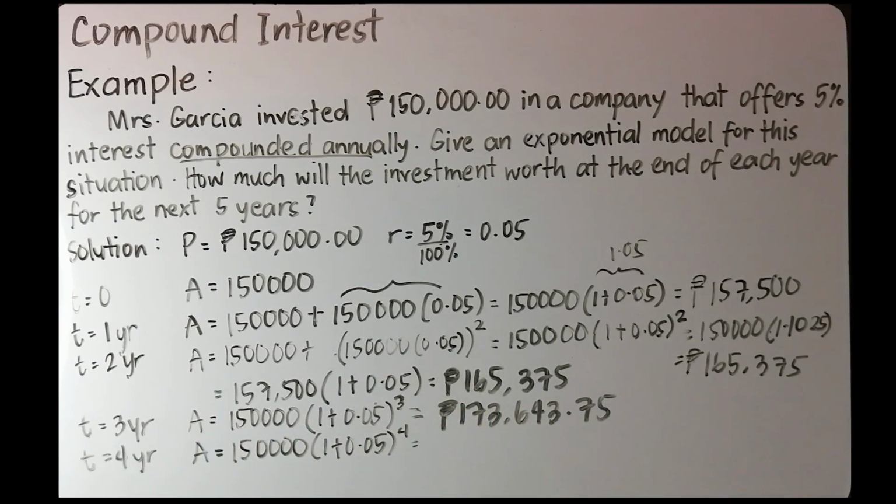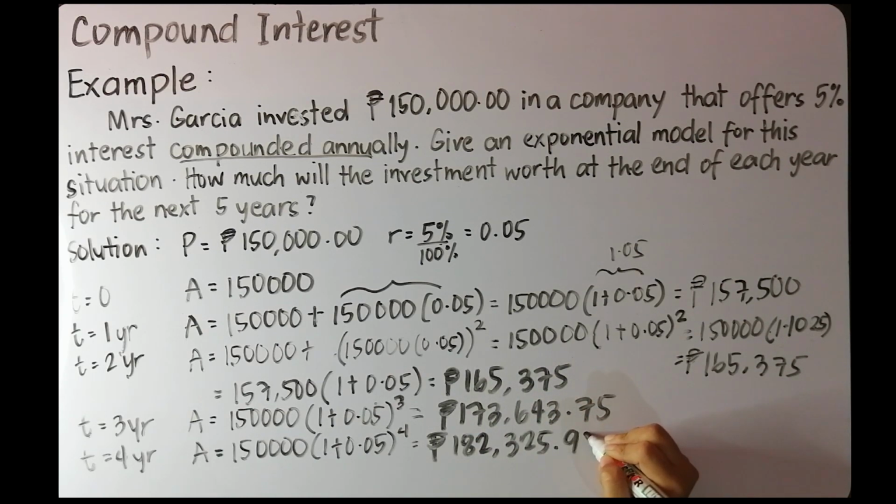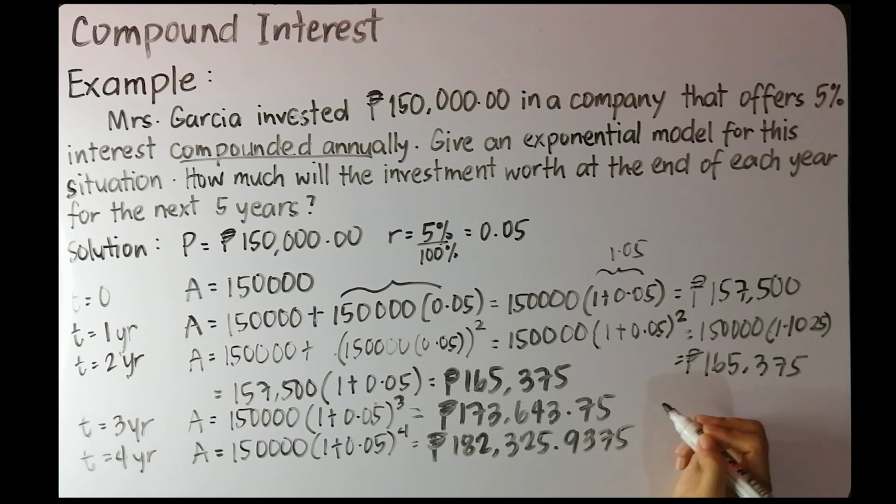So we have 1.05 times 1.05 times 1.05 times 1.05 times 150,000, which is equivalent to 182,325 pesos and 9375 cents.